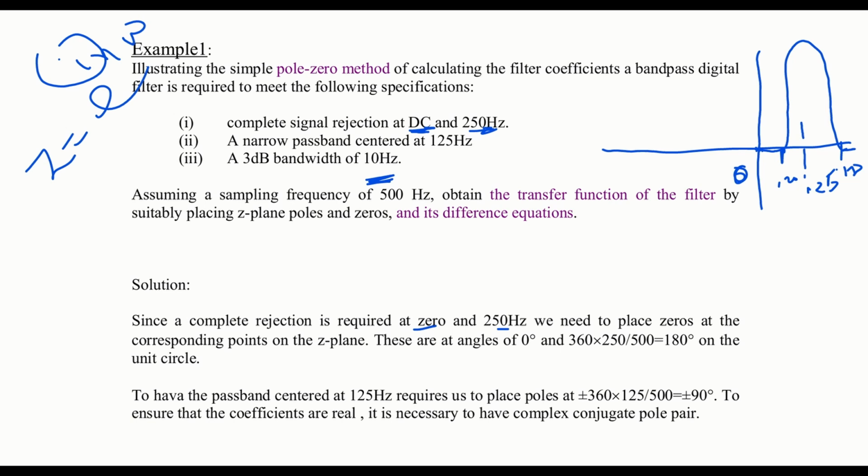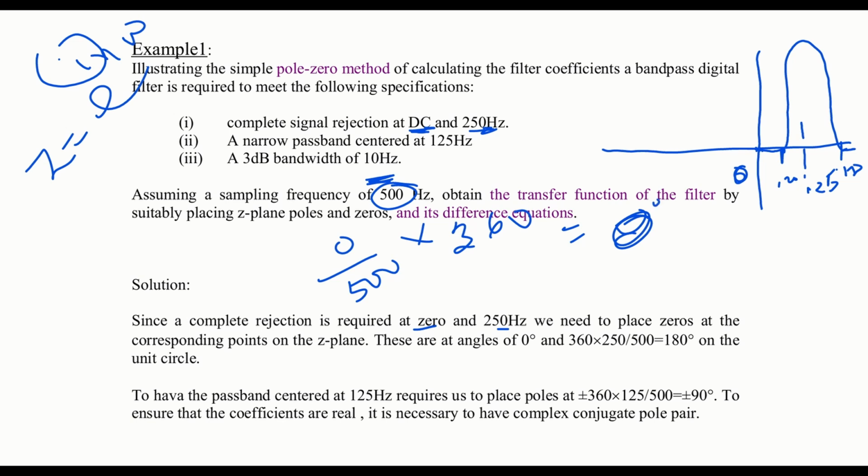So in calculating the zero, the first one will be 0 over the sampling frequency. We were told that it was 500 hertz, so 0 over 500 times 360, because we are dealing with a circle and the total angle is 360. This will give you 0, so we know that one of the zeros has an angle of 0. Okay, fine, we'll keep this in head.